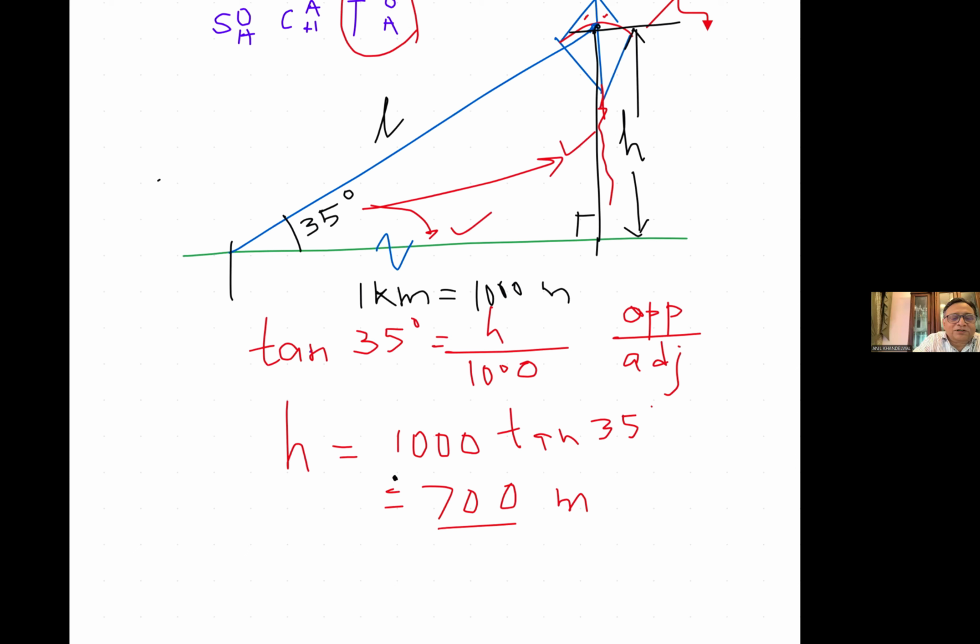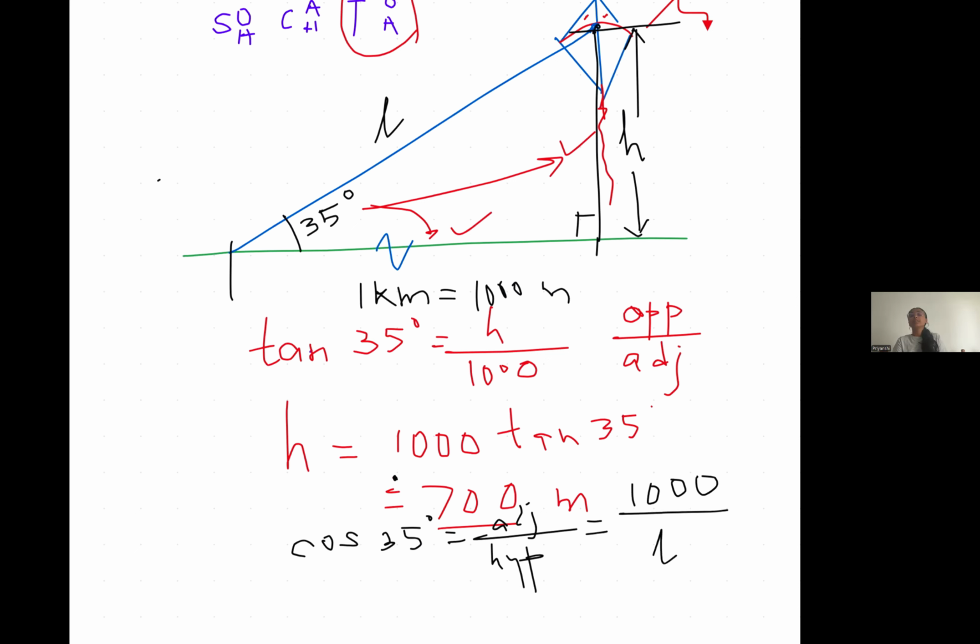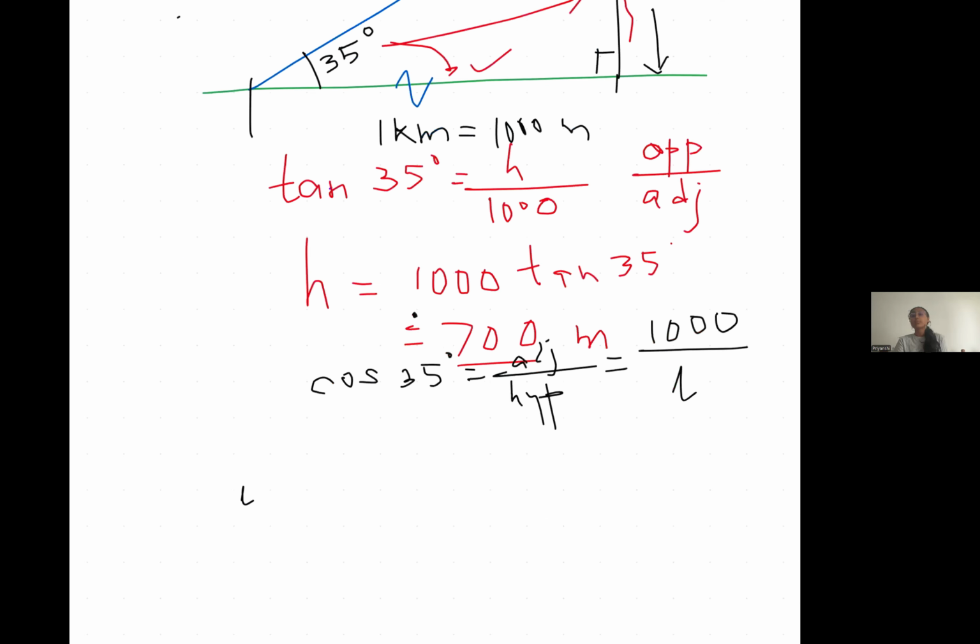So cos of 35 degrees is equal to adjacent over hypotenuse, which is 1000 over L, the length of the wire thread. So therefore, L is equal to 1000 over cos 35.